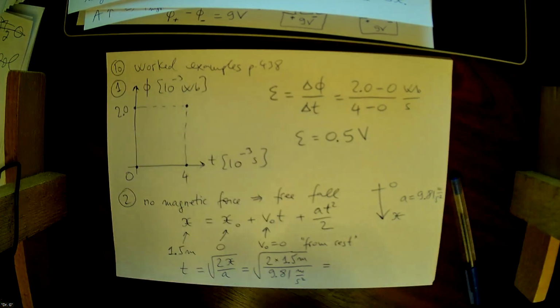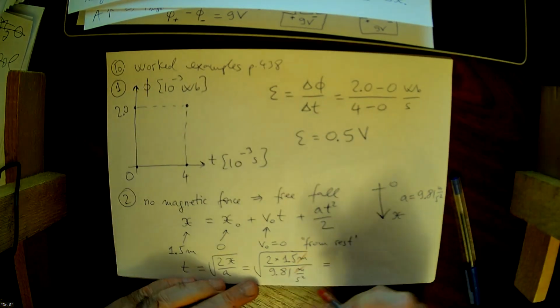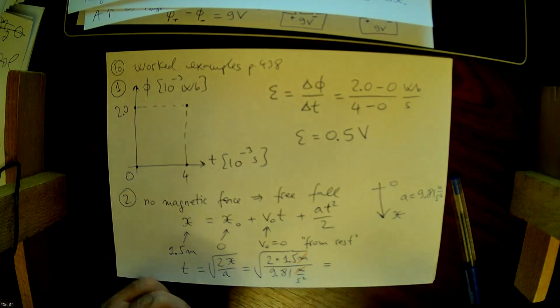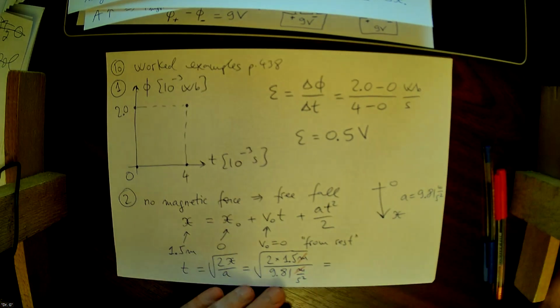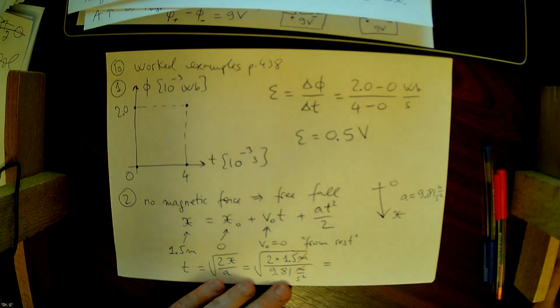Okay, the meters cancel. The square second moves on top. And because of the square root, we end up with the units of seconds.